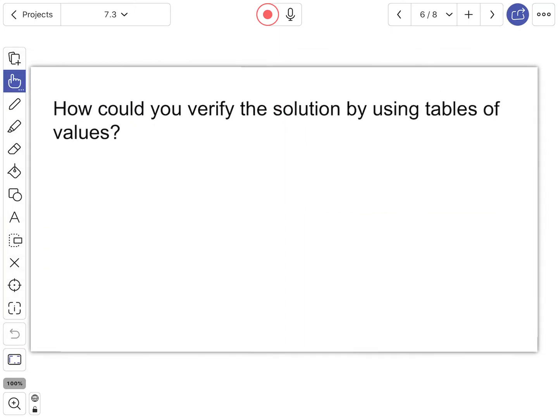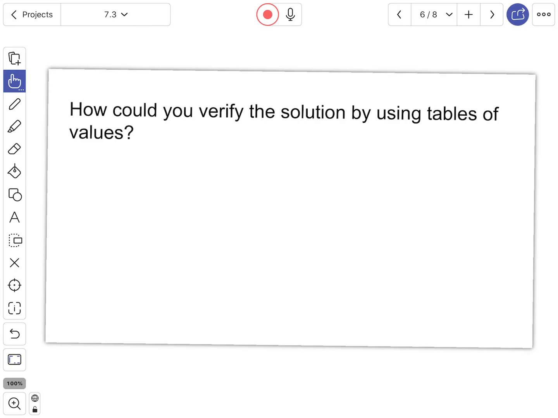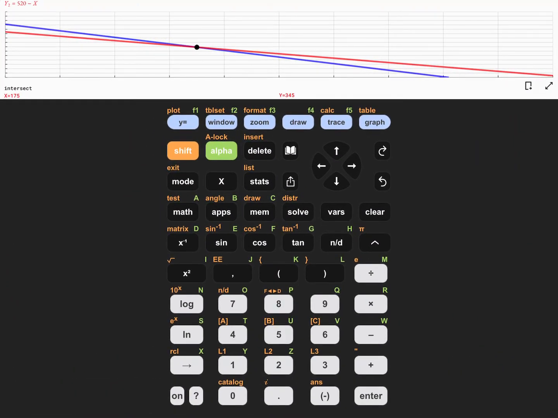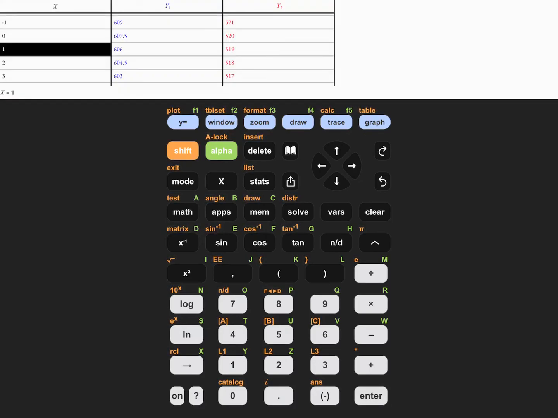How could you verify the solution? By using tables of values. So let's head back to our calculator screen for a second here. If you select shift or second, graph, which is table, it should show a table of x and y values.